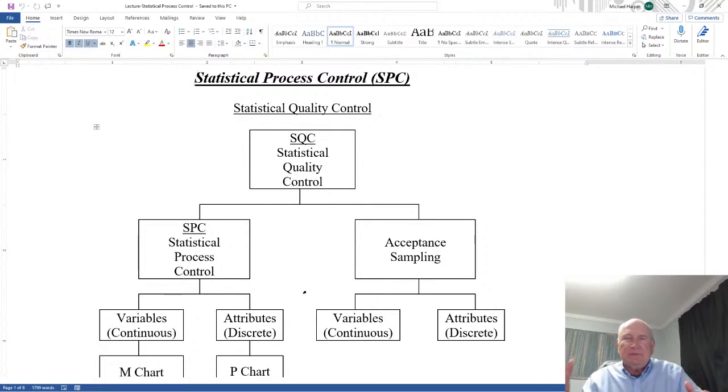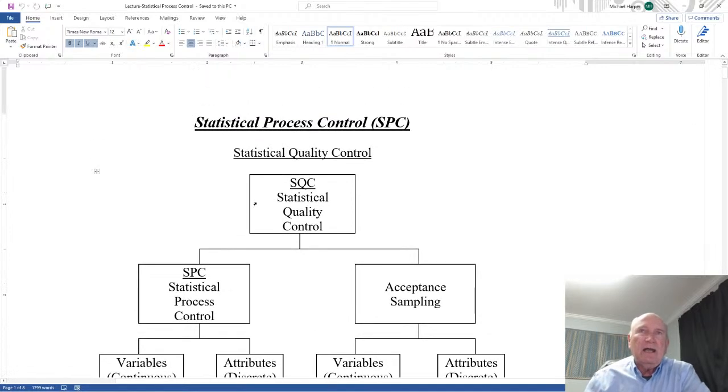The concept is as good as the technique, and it's something that you can always use no matter what you do. Large teams can do it, divisions can do it, but also individuals can do process control charts. Okay, here we go. And this is under the realm of statistical process control.